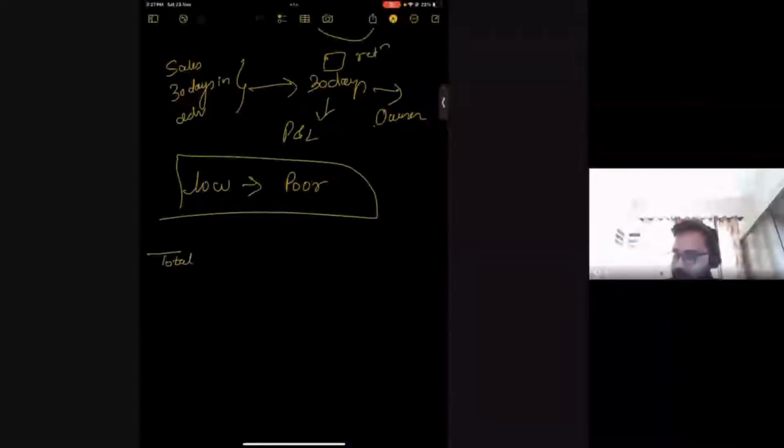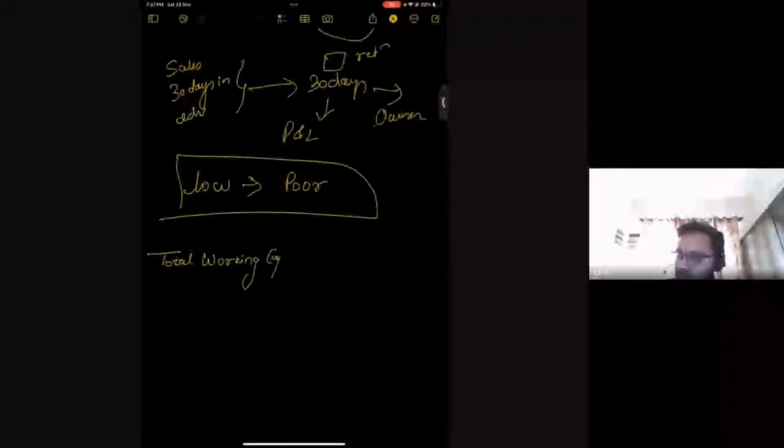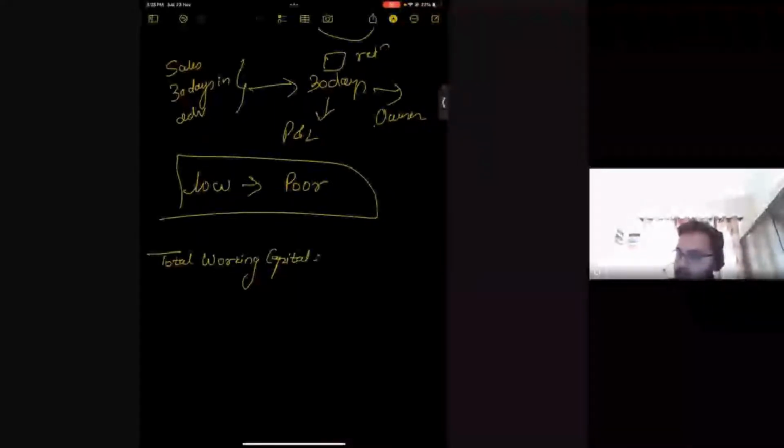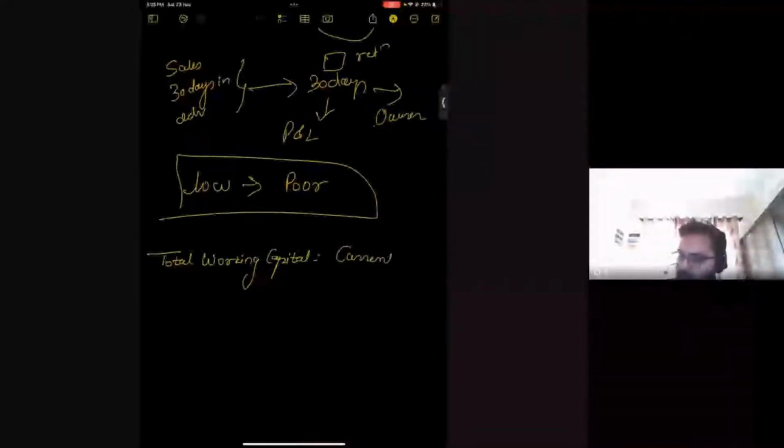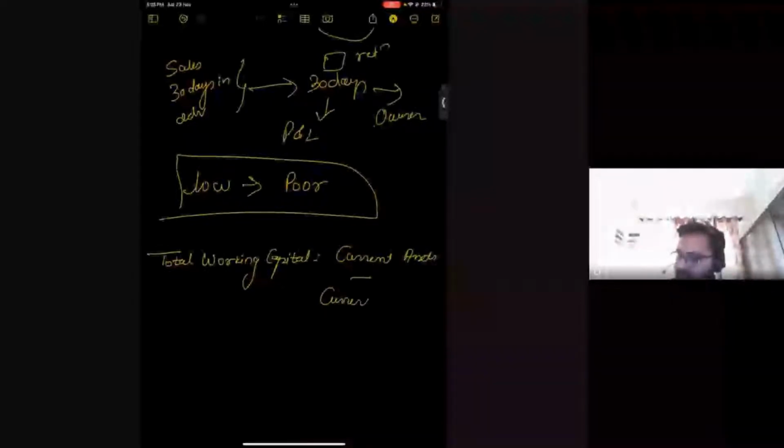The working capital that I spoke about was total working capital, which is current assets minus current liabilities. Note it down because there's another thing called net working capital.